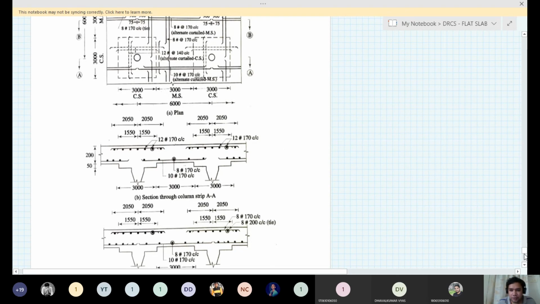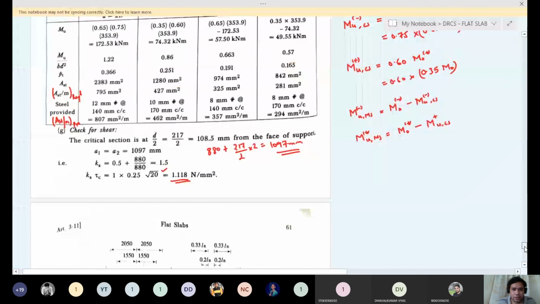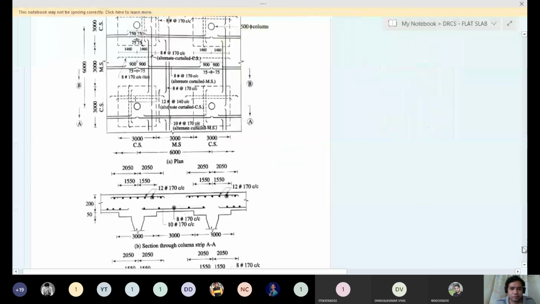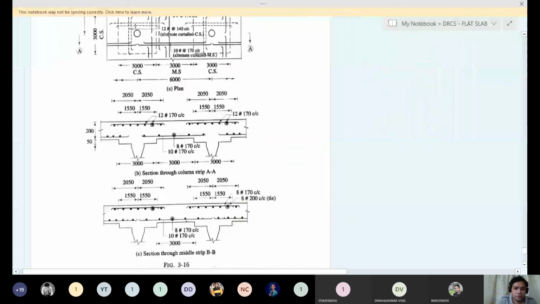And in the middle strip, it is provided 8 dia 140 center to center in the negative reinforcement, and 8 dia 170 center to center in the positive. If you go through the section through the middle strip, it is 8 dia 170 center to center, and 8 dia 170 center to center.